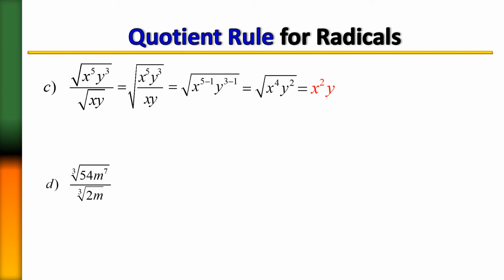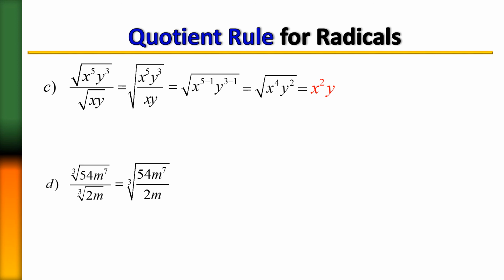Let's go to the next example. Both the top and the bottom have the same index of 3, so they're both cube roots, so it is okay to apply the quotient rule. It meets the criteria there. So all we need to do is simply top divided by the bottom. For your numerical part, 54 divided by 2.